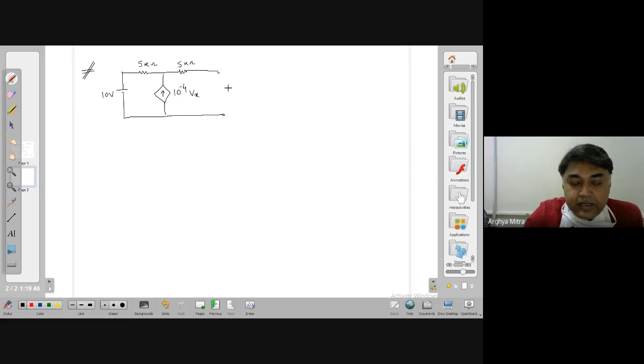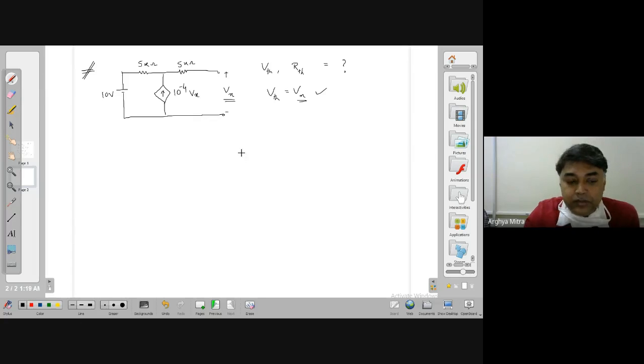So what is Vx? Vx is this open circuit voltage, right? So again, I need to find VTH and RTH, Thevenin's equivalent voltage and resistance. So the open circuit voltage is referred to as Vx here. So my VTH is nothing but Vx. So I need to solve for Vx. Right?